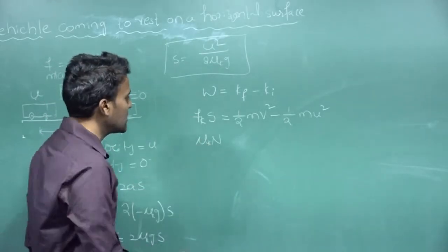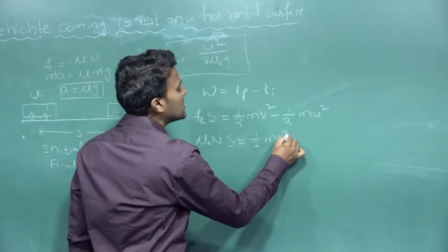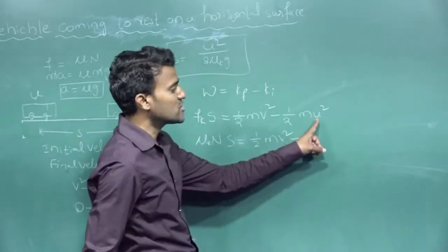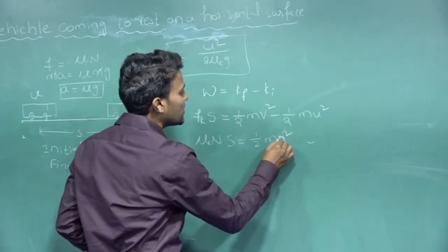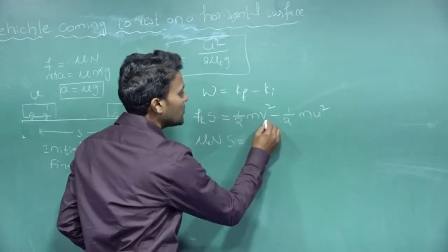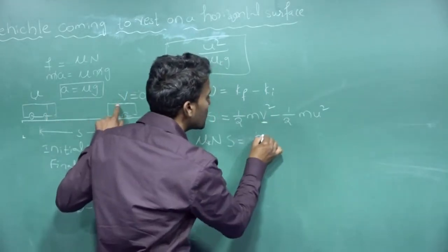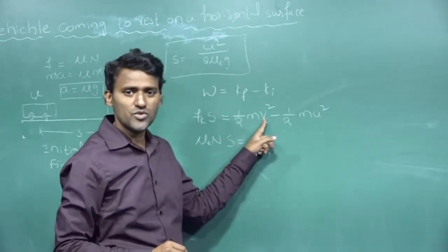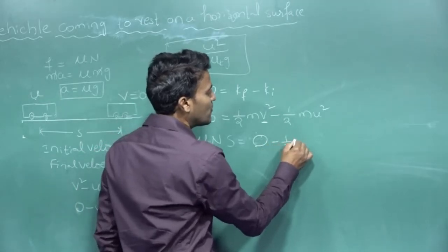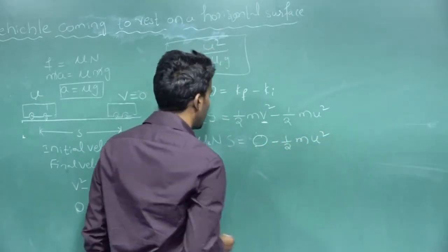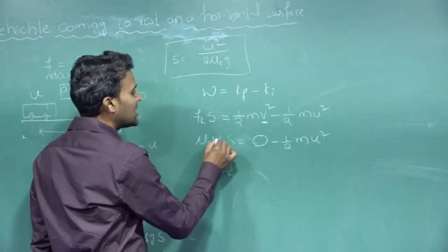And displacement is s, that is equal to half m v square minus half m u square. Because the final velocity is 0, the object finally comes to rest, so this total part becomes 0. 0 into something is 0, minus 1 by 2 m u square. Okay, fine. Here s we need to find out, mu k. What is n equal to?